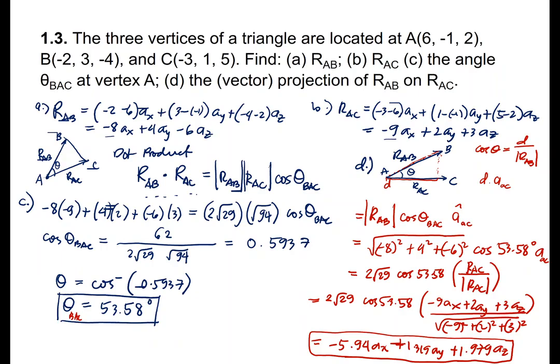Now if it's reversed, RAC on RAB, it's very simple. You just replace RAB with RAC, and the angle theta is the same, 53.58, because it's between the two vectors. You just change the two vectors respectively, and the unit vector should be along AB. So that's it for problem 3. We will end in this part.